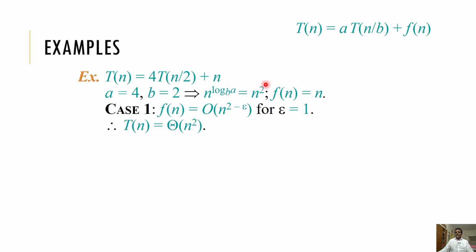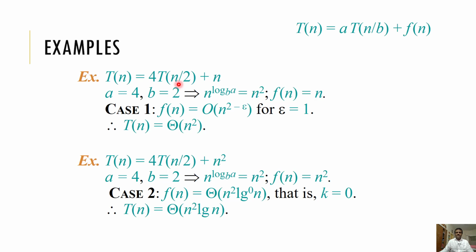From here we can easily say the runtime should be n squared. So T(n) is big theta of n squared. This is the solution using the master method, and this is case 1. Now let us come to another example.